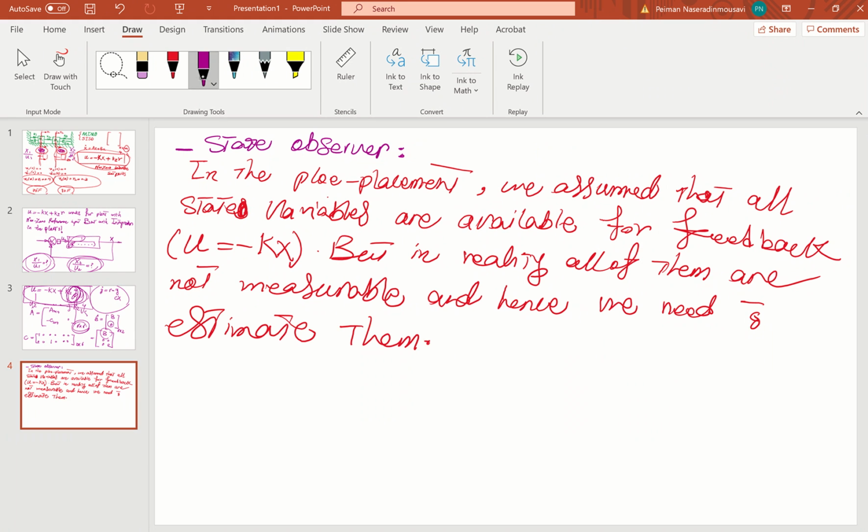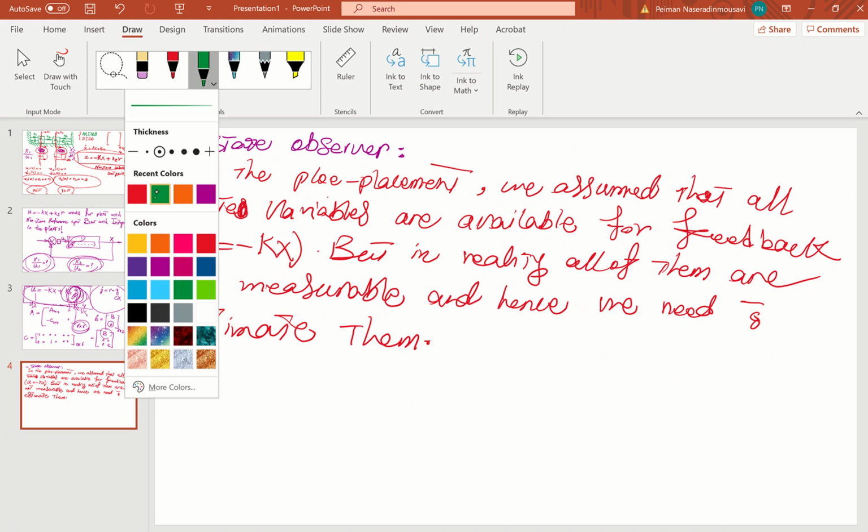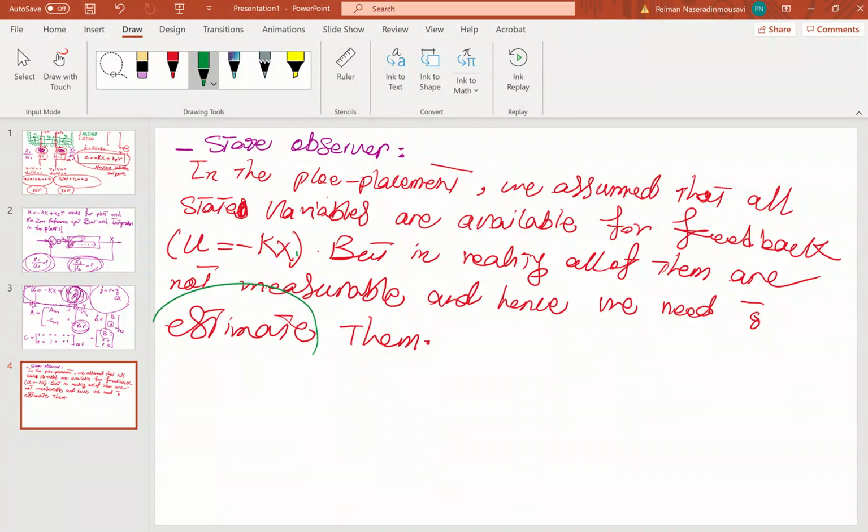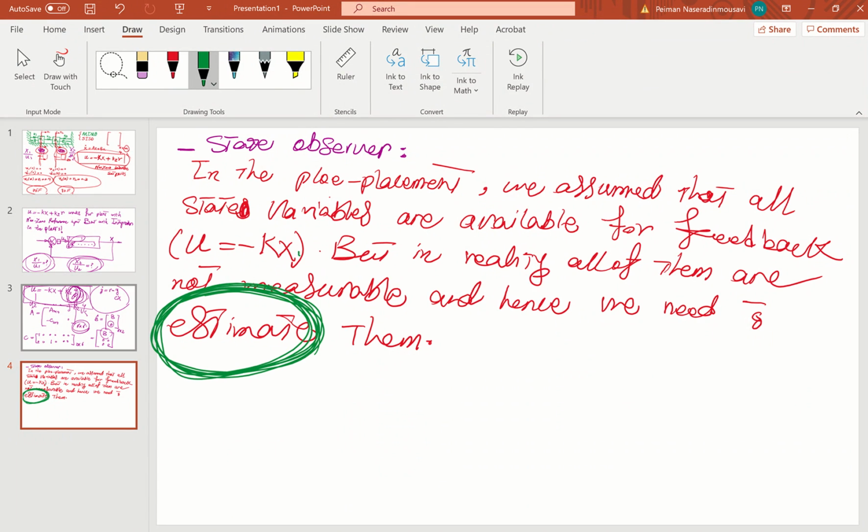Observation means we are estimating, because suppose the sensor has a malfunction, or you have no sensor to measure them, or sometimes no proper sensor, so you have to estimate. Observability means that you are estimating the state values.